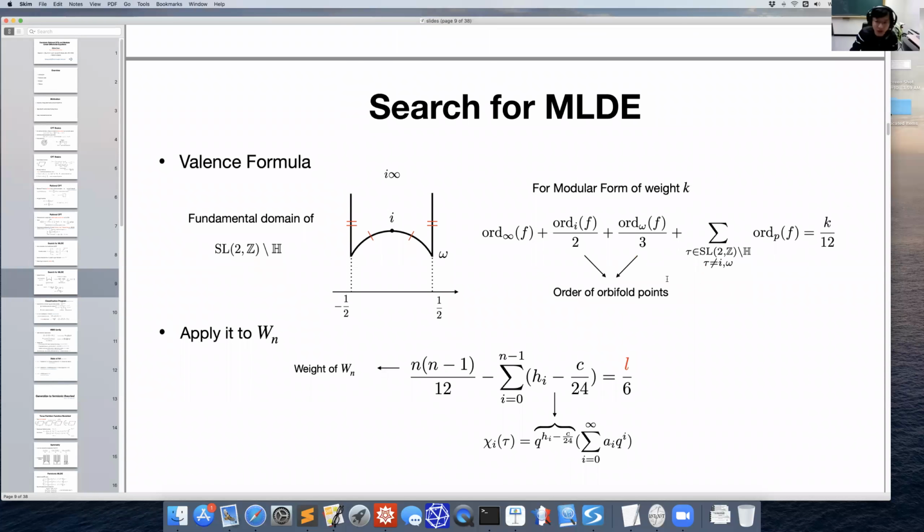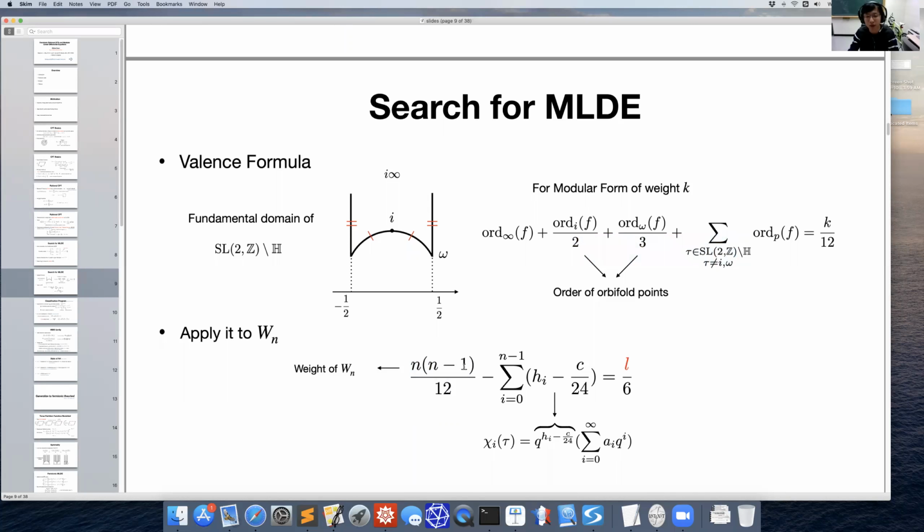So we can apply this formula to Wn. Because we are interested in the order of zeros, I put this part on the right-hand side and move this part to the left-hand side.